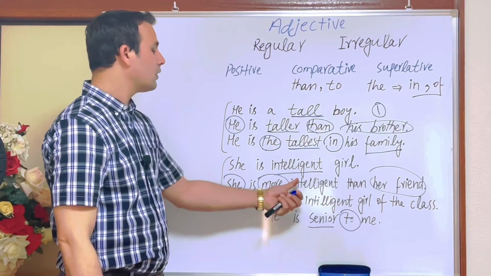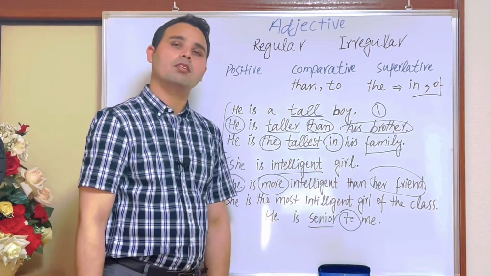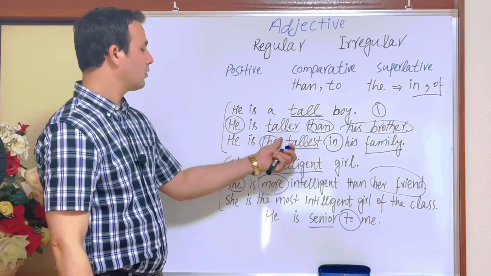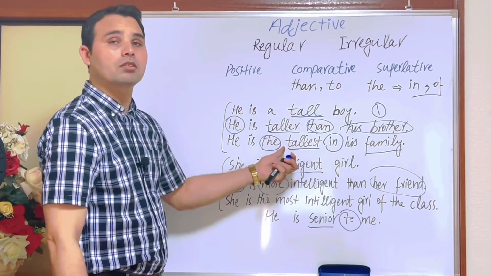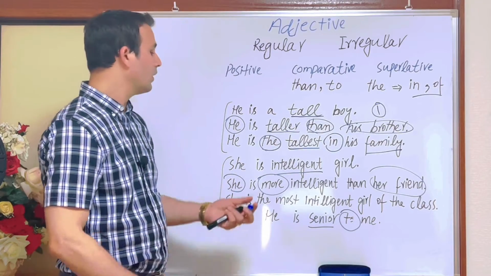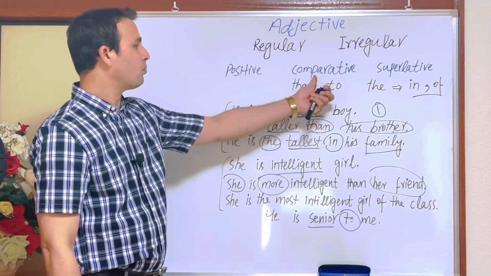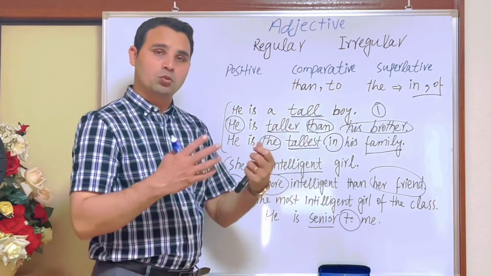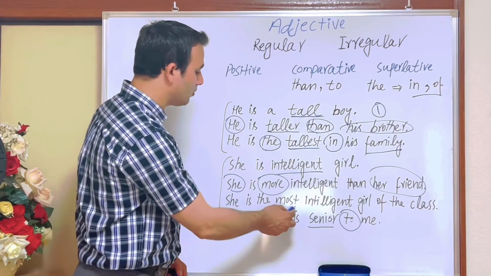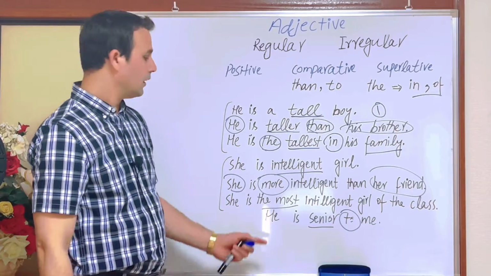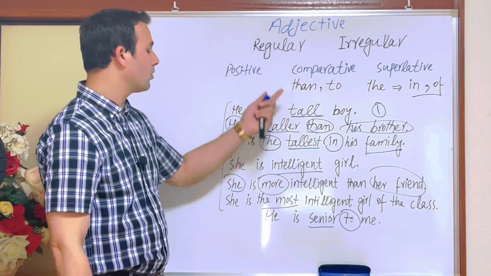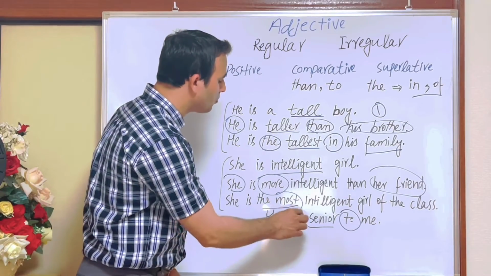She is more intelligent than her friend, because here you can't use the regular adjective, you are using an irregular adjective. So for irregular adjectives, you have to use more for comparison between two persons or things, and for superlative, you have to use the same word, the most. The article will be used in the same way we use for regular, and here we will use most.